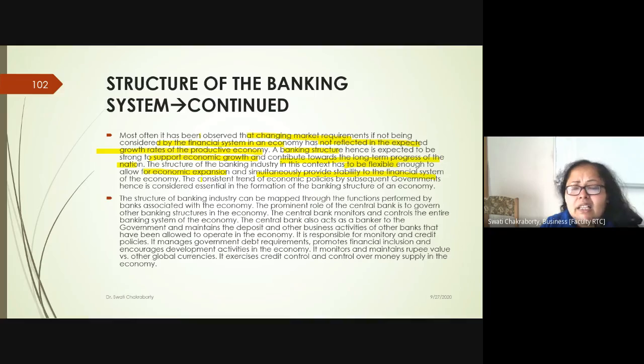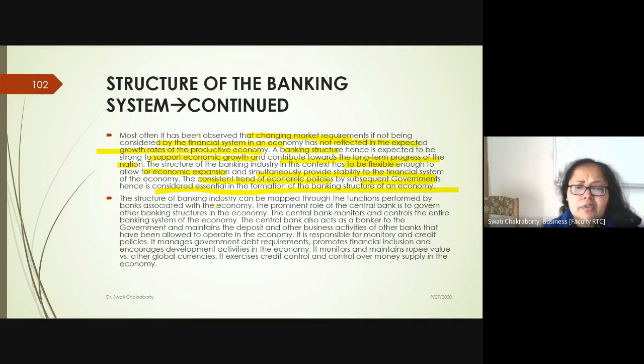So the consistent trend of the economic policies by their respective governments is considered essential in the formation of the banking structure, right? The economic policies by the government help in determining the formation of the banking sector.